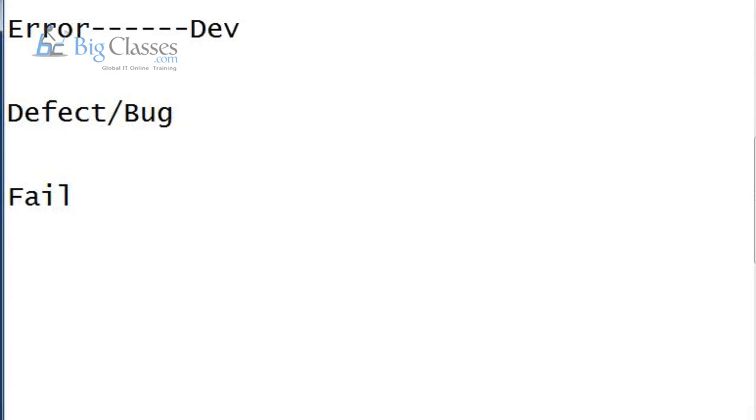While writing the coding, if the programmer finds any mistake in the coding, it's called an error. Once again, guys, the developer, while developing the application, needs to write some program. While writing the program, if any errors come from the coding, it's called an error.